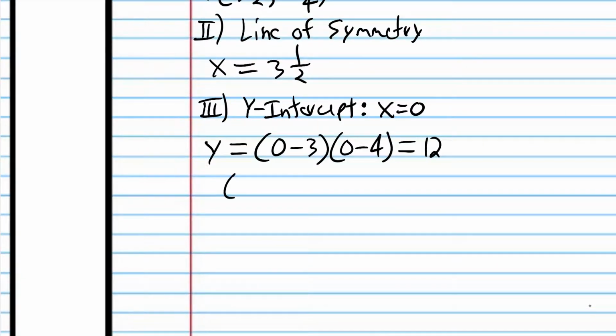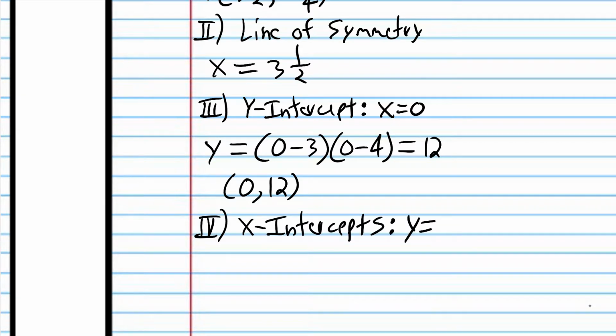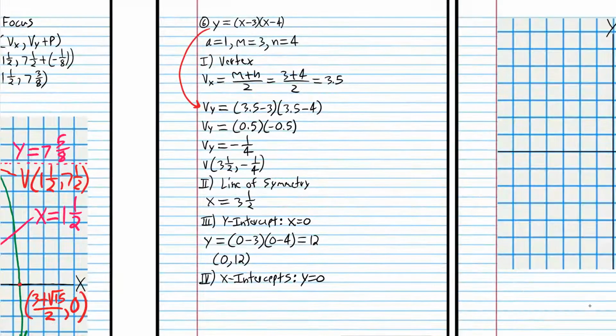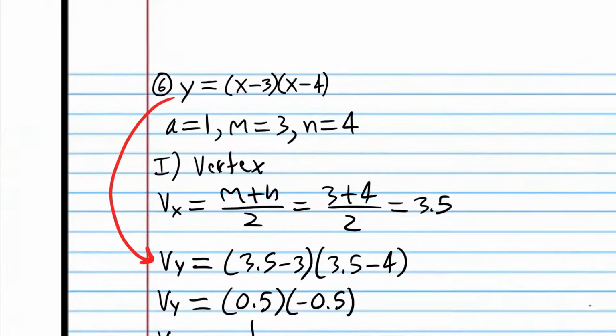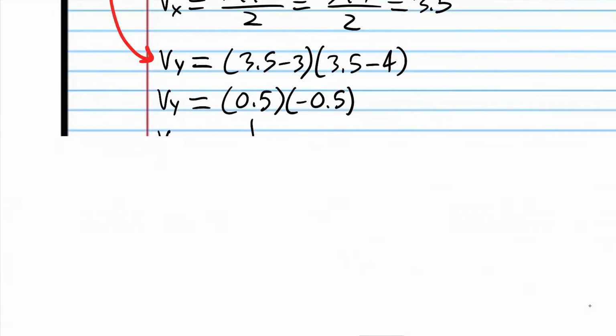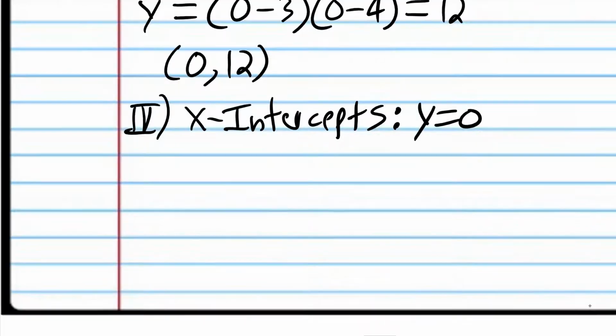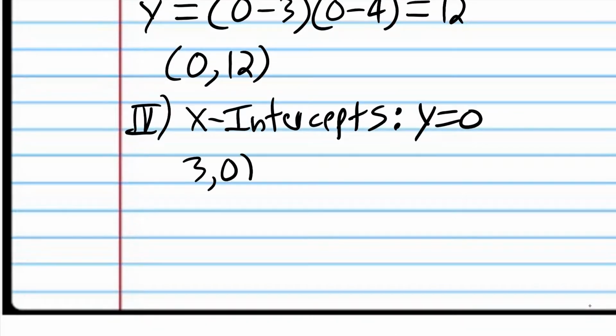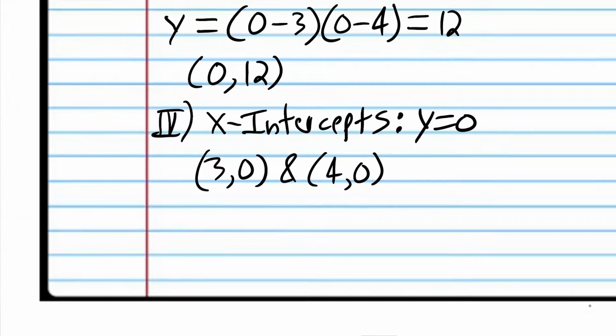So the y-intercept is 0, 12. Now we're going to find the x-intercepts. And this step, thankfully, is going to be really easy. We let y equal 0, but this is an intercept form, so we can just see the intercepts just by looking at it. It's going to be 3 and 4. 3, 0, and 4, 0. So usually that step is pretty involved, but not in this case.